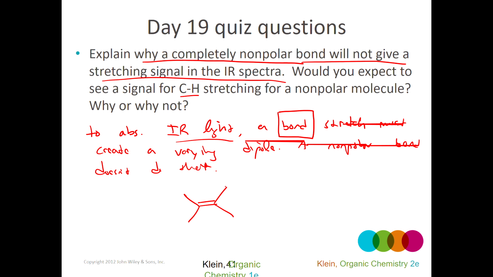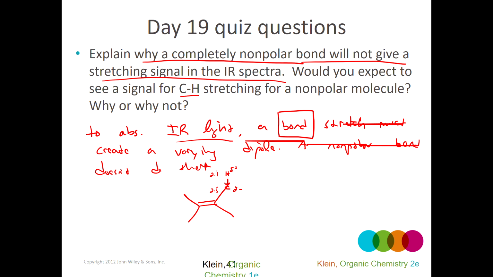But the CH bond is still polar, right? There's still a difference between carbon's electronegativity and hydrogen. So here we're not so concerned with molecular overall dipolar polarity. We're looking at individual bond polarity. If the individual bond is still polar, because one atom's more electronegative than the other, then if that bond stretches, there will at least be some oscillating dipole associated with that.